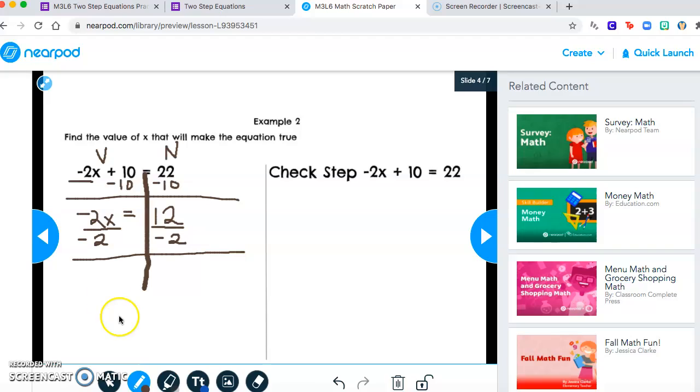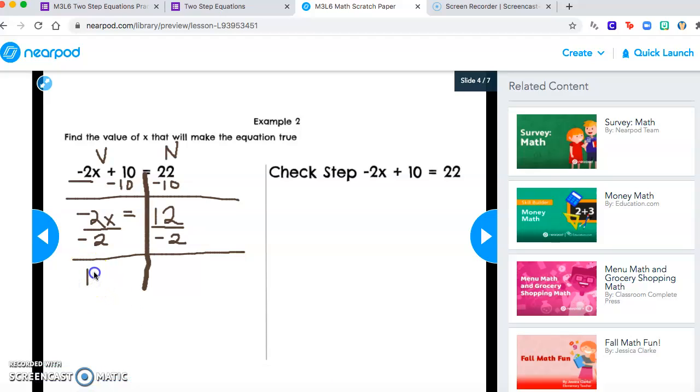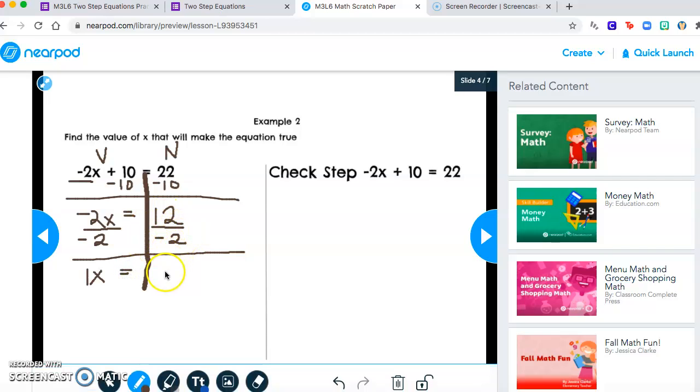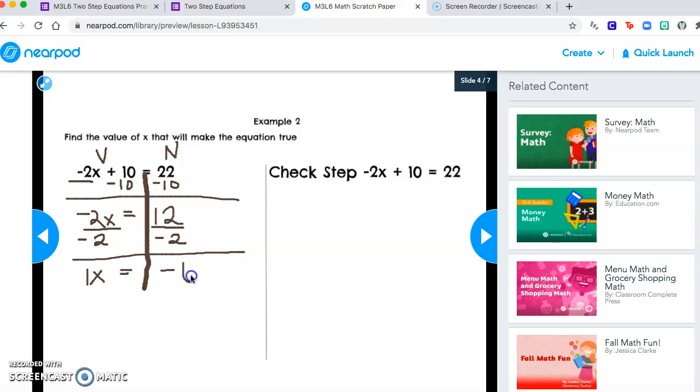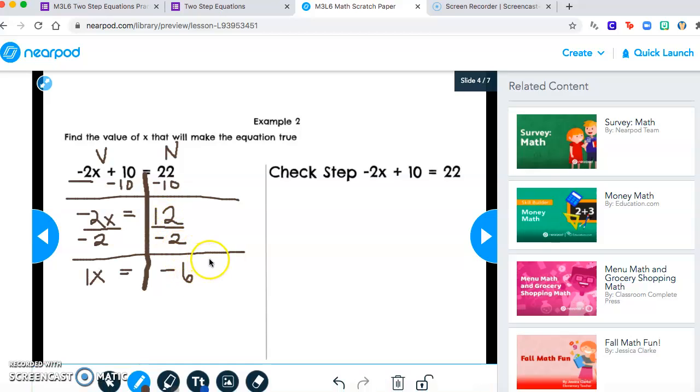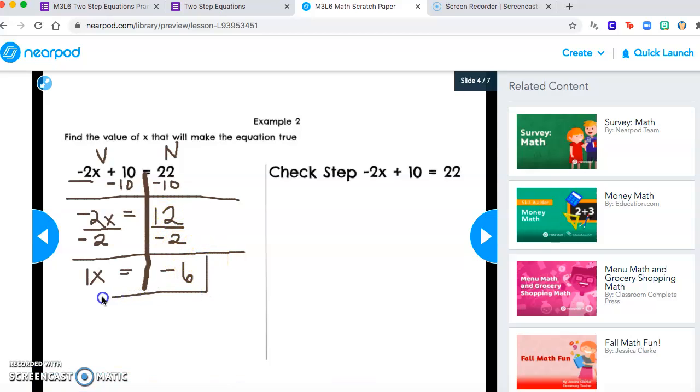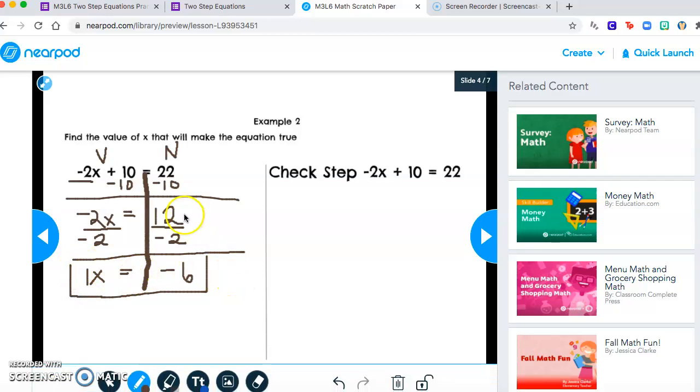Okay, so that would give me a positive 1x equals, and then 12 divided by negative 2 is negative 6. Remember, if they're different signs, when you multiply or divide, they give you a negative. If it's the same, same signs give you a positive. So we have 1x equals negative 6.